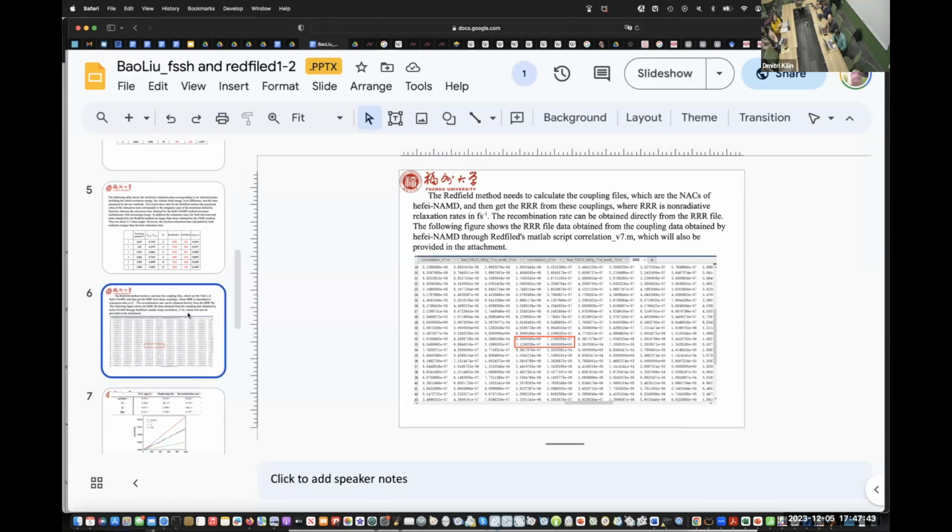Here, I believe BaoLiu is extracting the recombination rate by identifying the element of Redfield tensor corresponding to recombination. I'm not sure if it is done correctly.